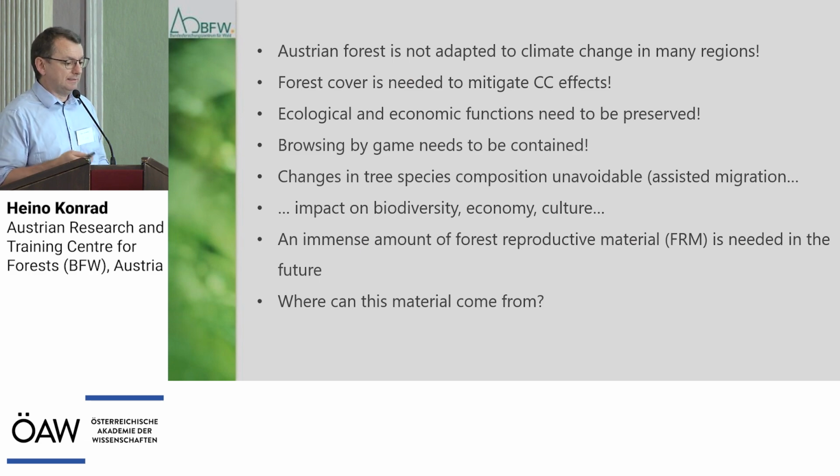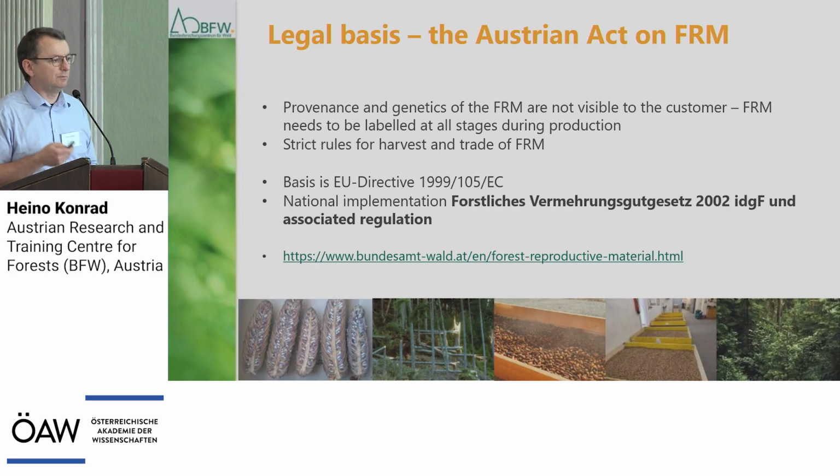So, as said, we need an immense amount of reproductive material. Where should this come from? First, we have to look at some of the basics. It's not like you can go anywhere and plant any tree you want somewhere, but there is an Austrian Act on forest reproductive material. So this has a long history.